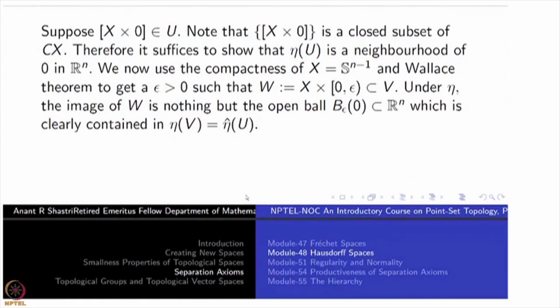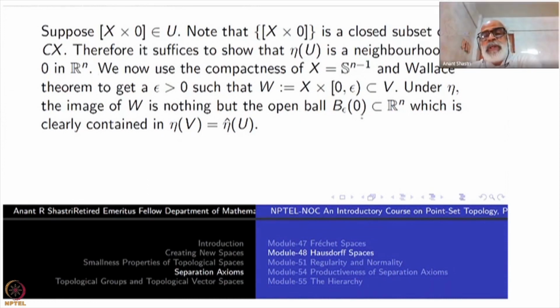If you notice, the inverse image is closed, so the singleton is closed. Therefore, it suffices to show that eta hat of U is a neighborhood of 0 in Rn.